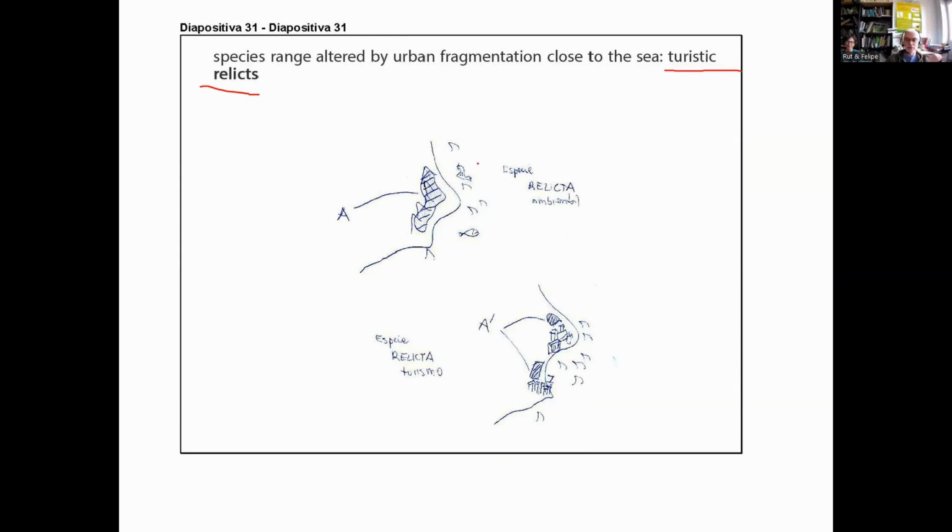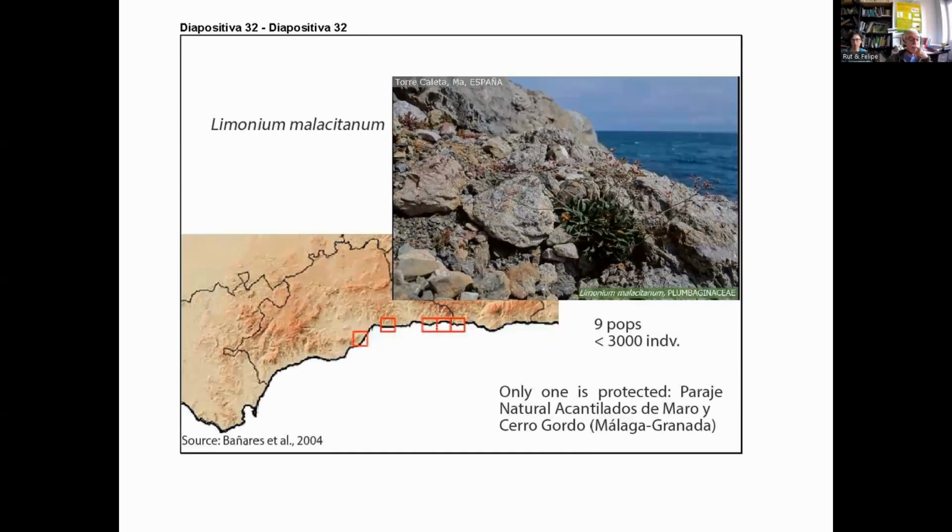Plants that used to be in more places, used to have a larger distributional range, and now they are restricted relics in a few patches of natural population in between this huge conurbation of tourist cities. And we have plenty of examples of this.